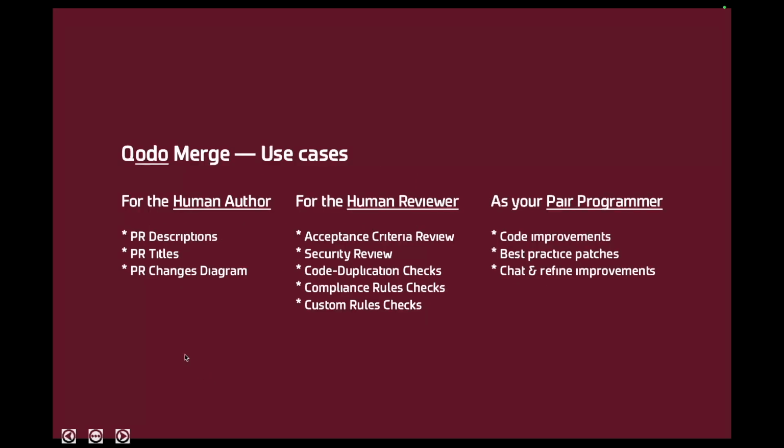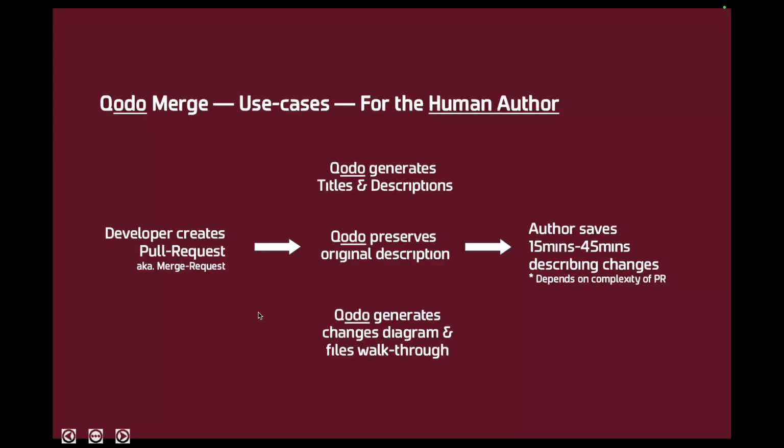The use cases for Qodo Merge are addressing the following personas. It can offer something for the human author, it can offer something for the human reviewer, and it can act as your pair programmer. Let's look at each one of these in further detail. When the developer creates a pull request, or if you're using GitLab, let's call it a merge request, Qodo steps in and generates titles and descriptions.